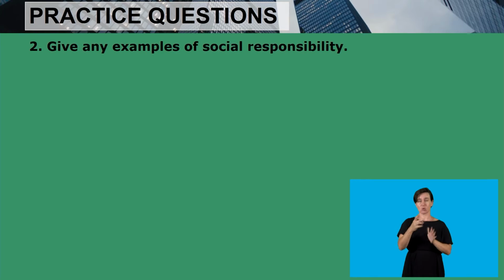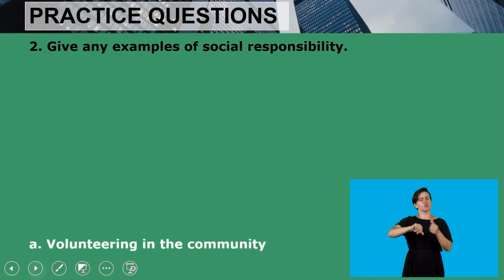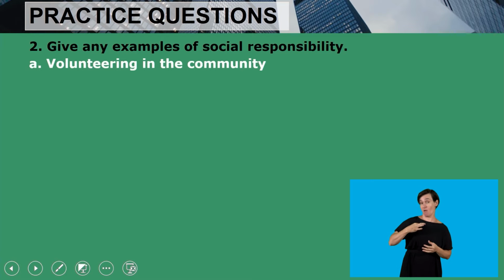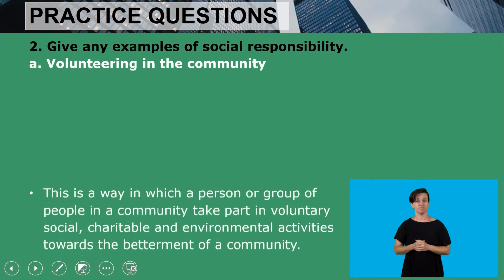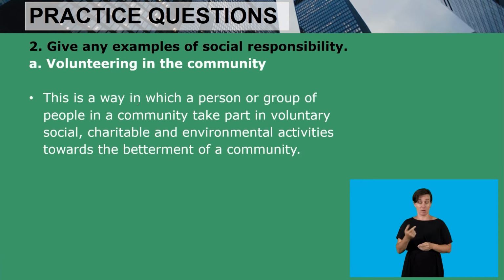Question number 2, it says, give any examples of social responsibility. We have volunteering in the community. This is a way in which a person or group of people in a community take part in voluntary social, charitable, and environmental activities towards the betterment of a community.